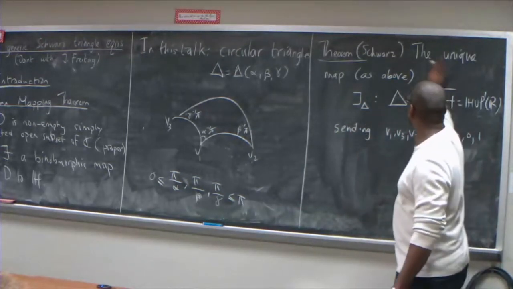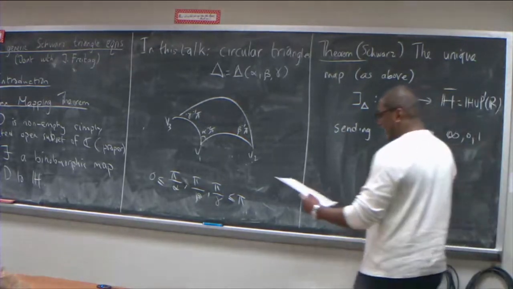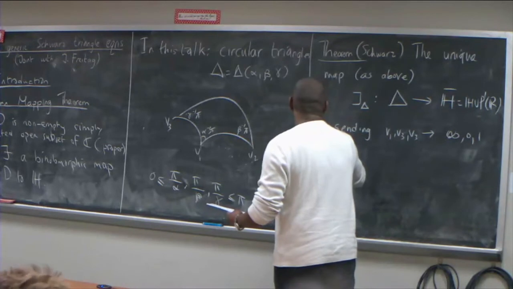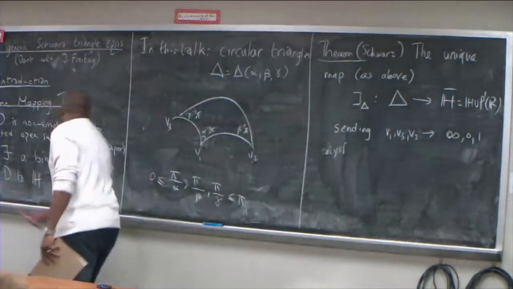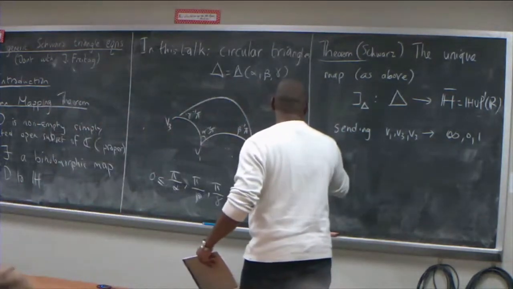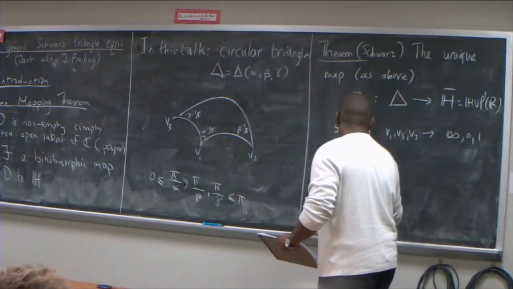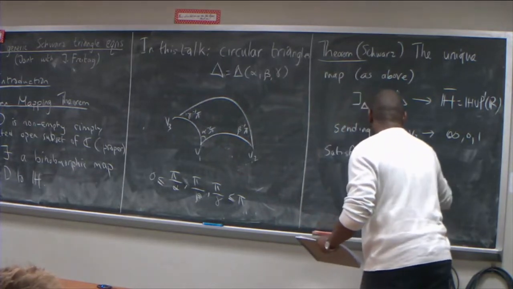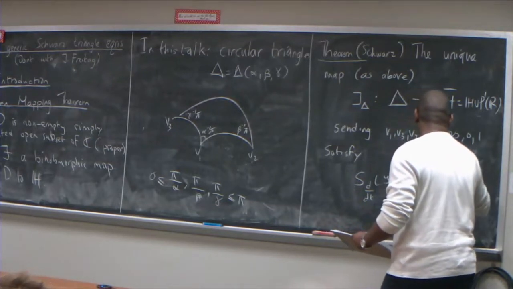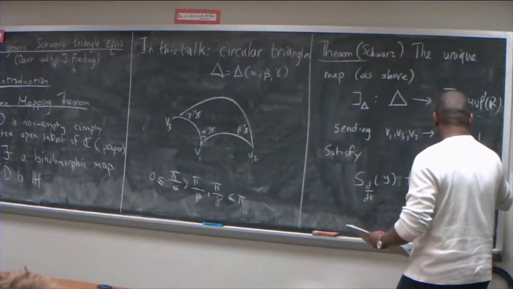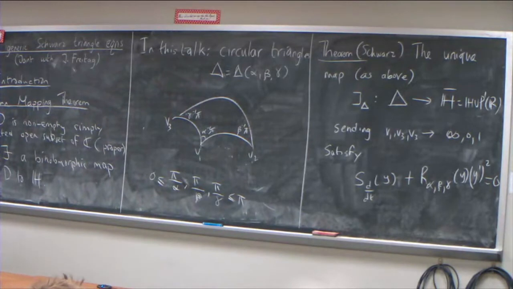Once you specify where three points are sent, this unique map satisfies a Schwarzian equation, S of y with respect to t equals the rational function R.